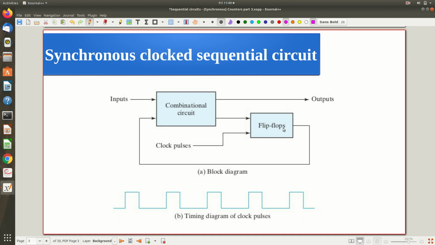Synchronous clocked sequential circuit. Any sequential circuit is basically a combinational circuit, but there will be something called a feedback path. The output of the combinational circuit is given back to the input through a feedback path, and that feedback path will typically contain the memory or storage element. Latches and flip flops are the main storage elements.